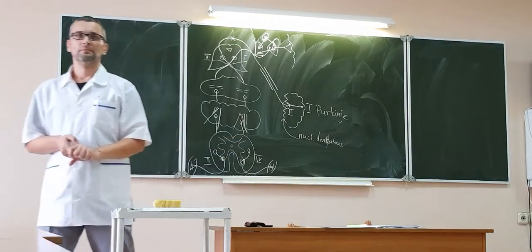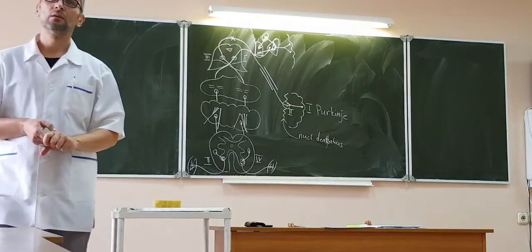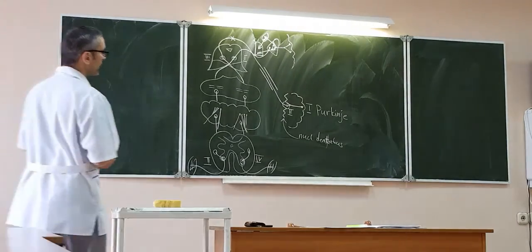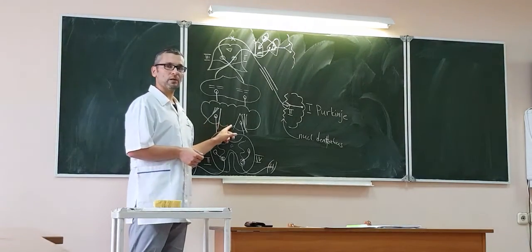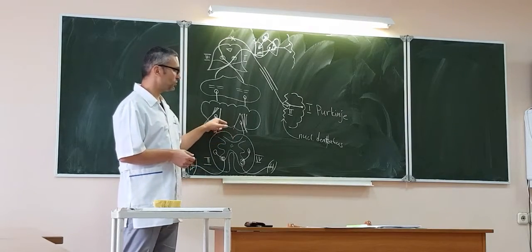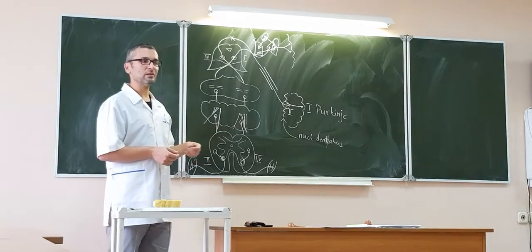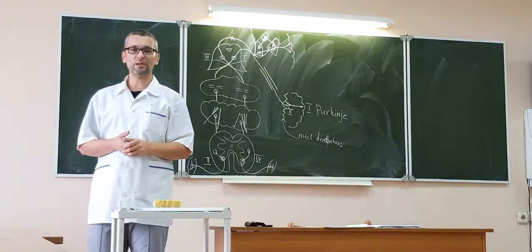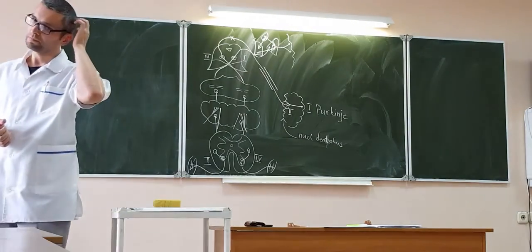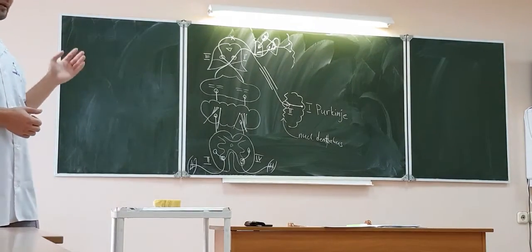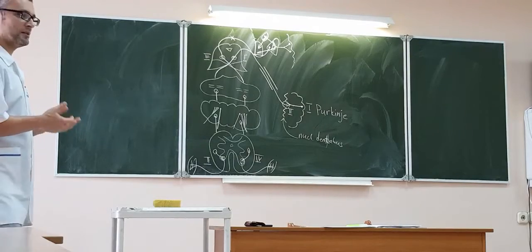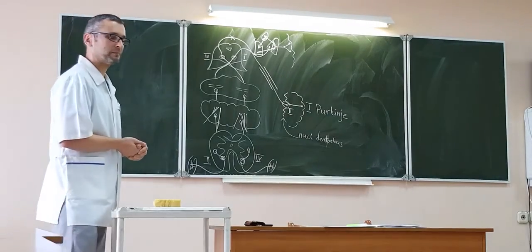The pyramidal system goes through the pyramids, in the anterior part. If you remember, this elevation is called pyramid because of the presence of pyramidal tracts. So pyramidal descending tracts are in the anterior part of the medulla, but extrapyramidal in the lateral one.